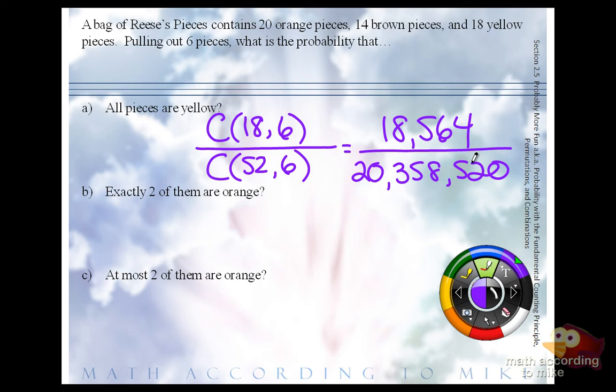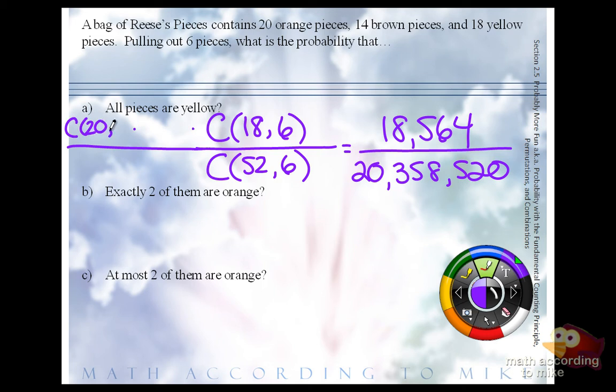So now notice in the numerator, did we have to talk about the browns or the orange pieces? No, because every piece was accounted for. Of the 6 pieces, they all happen to be yellow. If you want to, you could have also included the brown and the orange because you would have said, out of the 20 orange pieces, how many do we want?